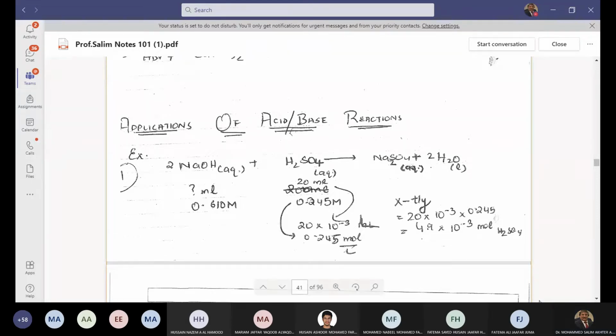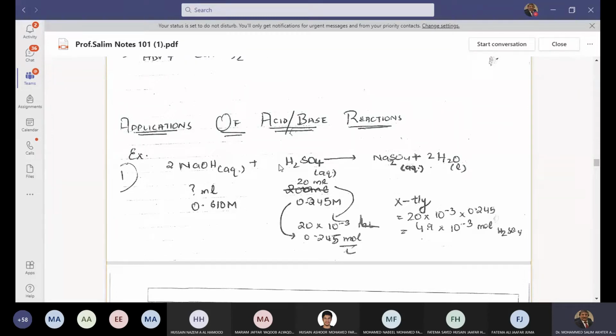If the numbers for acid and base are 1 and 1, you can use the formula which you have used in the lab, M1V1 equal to M2V2.